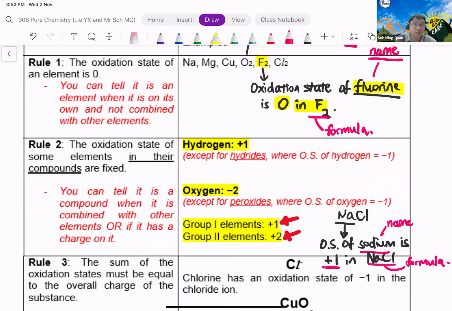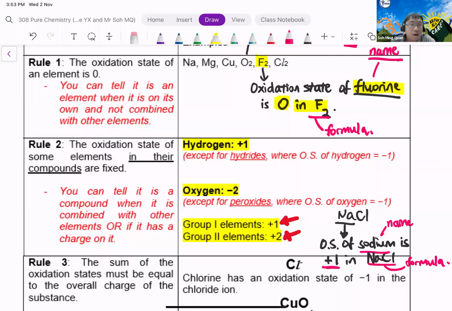So the oxidation state of magnesium is +2 in a compound, whereas charge is written as 2+. So you just need to adopt the conventions used. Group 1 elements are always +1 oxidation state in their compounds. Group 2 elements are always +2 in their compounds. And the reason is because they always form these charges when they react.